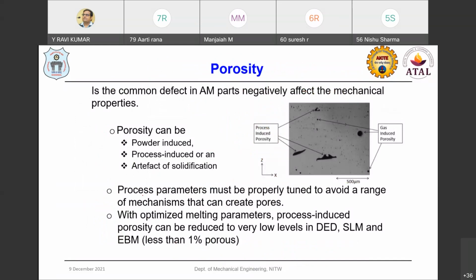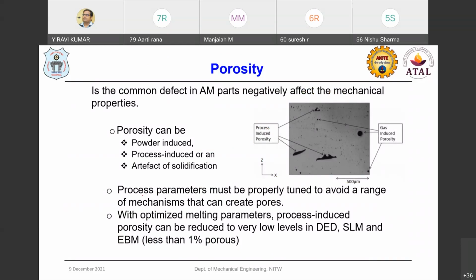With respect to porosity, this is a very common issue in metal AM processes. If you take any SLM process or DED process, porosity is a very common issue. To avoid porosity, or to minimize it to a negligible level, is highly challenging in the AM process, because the porosity may be induced by the process, or by the powder, or during the solidification.